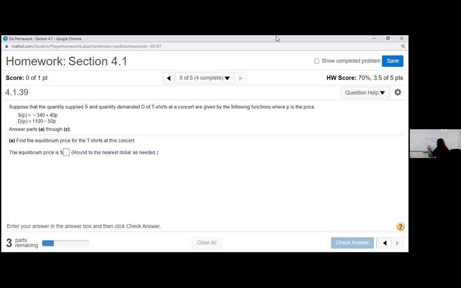It looks like, I want to double check this. 1100 minus, oh, that was a negative 340 there. Okay, so we're going to add 1100 plus 340 to get 1440. And dividing by 90, we have a price of $16.